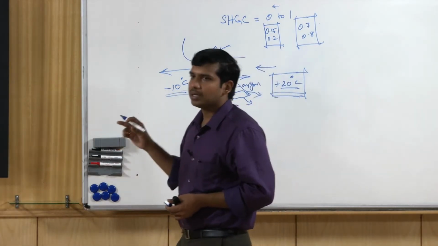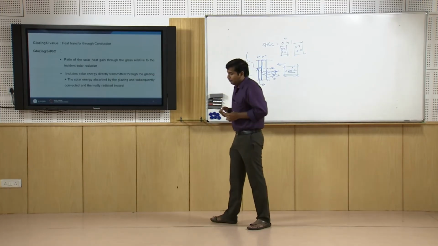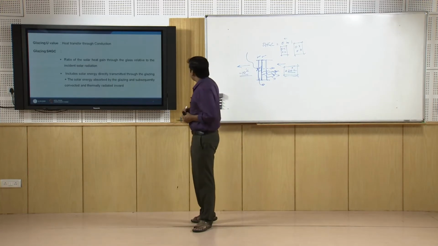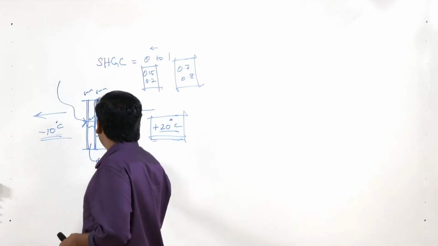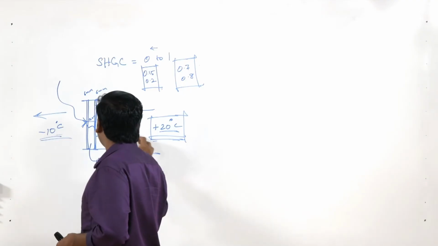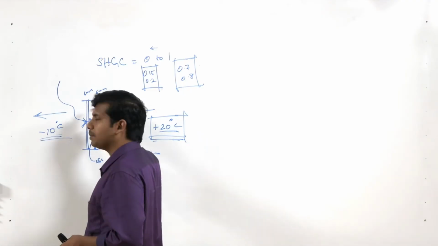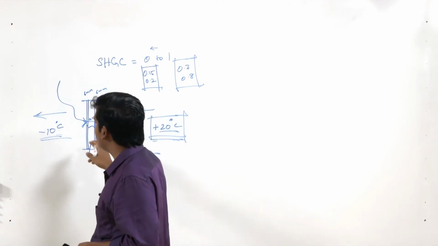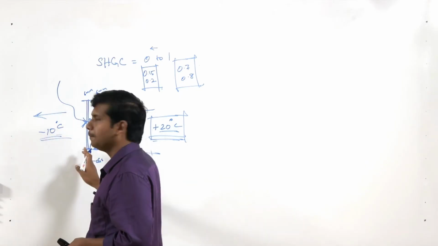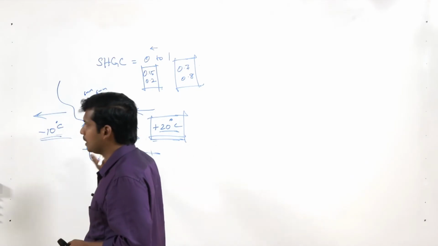SHGC is also important because you do not want your building to get overheated, as we looked at the greenhouse effect, where the glass is more transparent to short wave solar radiation, but when the internal surfaces absorb and start re-emitting it, it is opaque to it. So the heat gets trapped inside, which is called the greenhouse effect, which we do not want to happen. So in that case we try and restrict the radiant transfer through the glass as well.